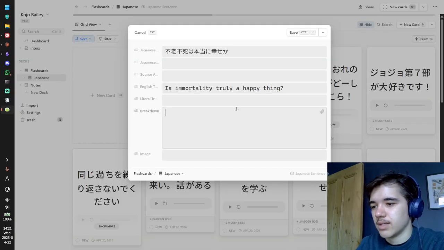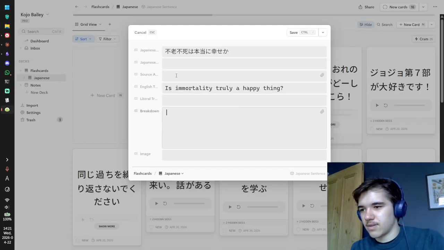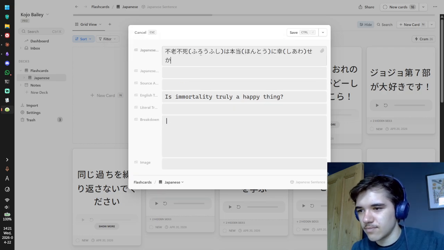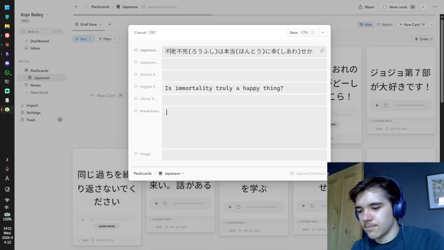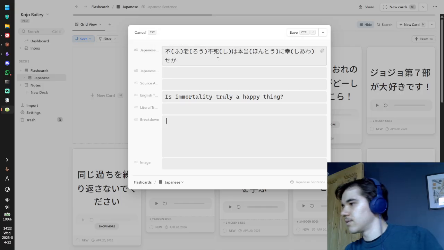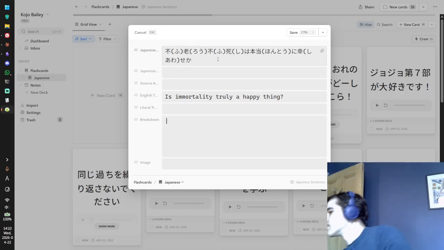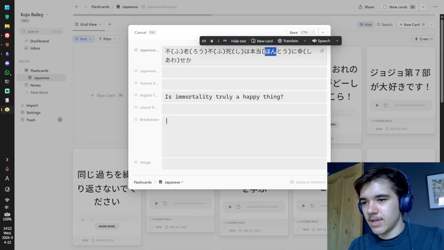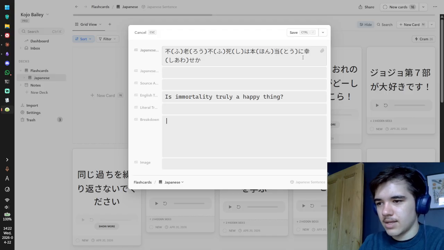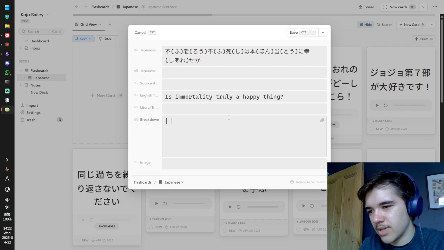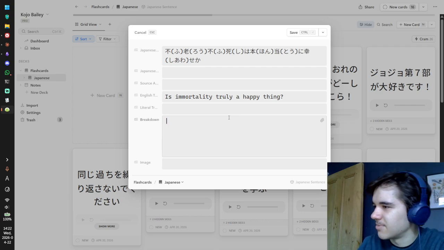Furofushi. So breakdown, we've got furofushi. Actually, let's add the furigana first. Furo means old. Fu. What's the cat doing? Furofushi. And then honto ni shiawase ka. Shiawase, by the way, is in one kanji. That's three things. The cat is trying to jump up.